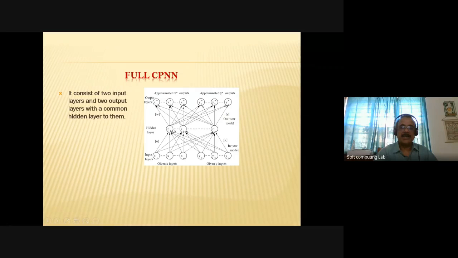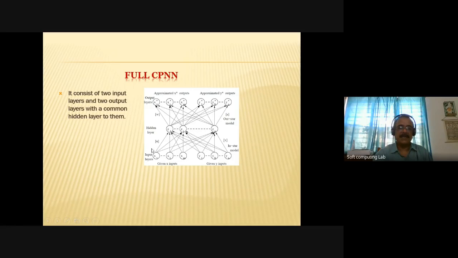And on the hidden layer, there are a few neurons, but we try to find out which could be the winner based on competition. Now, in between the input layers and the hidden layer, we use the in-star model, and in between the hidden layer and the output layer, we use the out-star model.